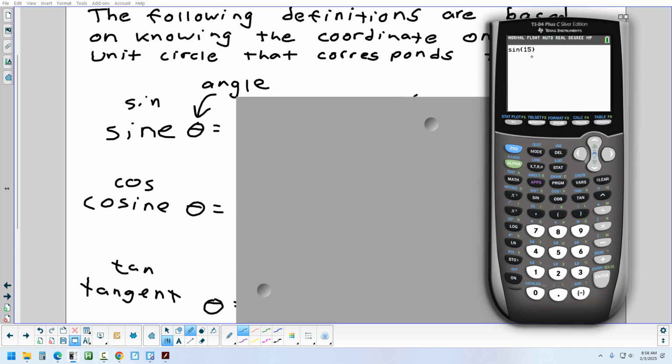So trig functions have to do with angles. That's the number you plug in. Each trig function has a 3-letter abbreviation, which is what I'm going to use from now on. Sine is abbreviated SIN, cosine, COS, tangent, TAN. The calculator uses those same abbreviations.